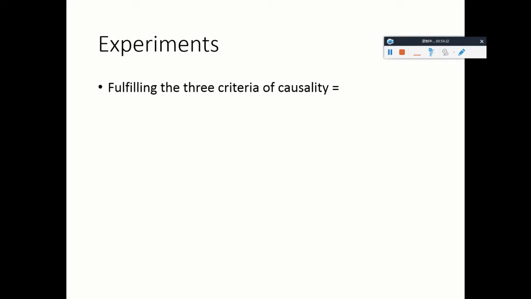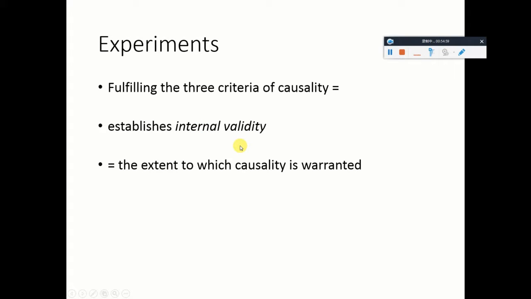So if an experiment is properly designed and properly performed, and therefore it is able to fulfill all three criteria of causality, we will say that this experiment is able to establish internal validity. And by internal validity, or the extent to which this experiment is internally valid, we mean the extent to which the claim of causality is warranted, right?